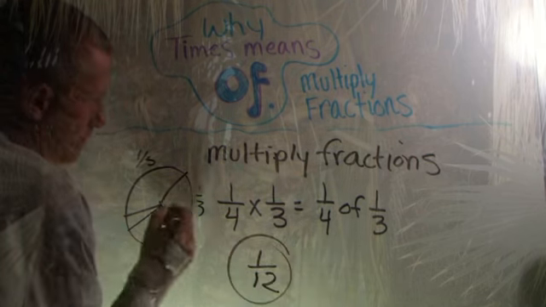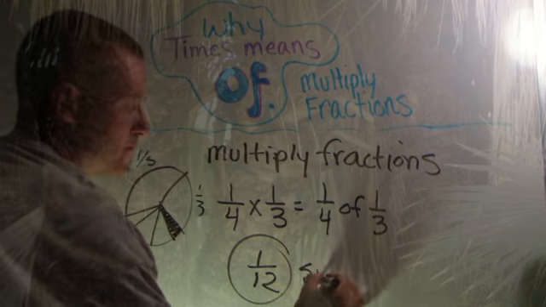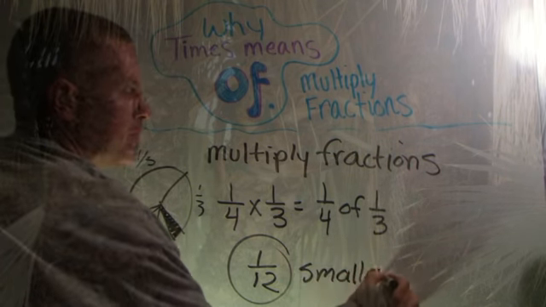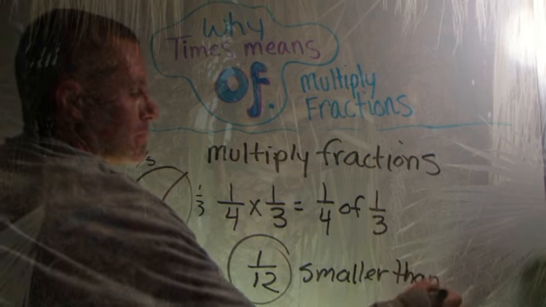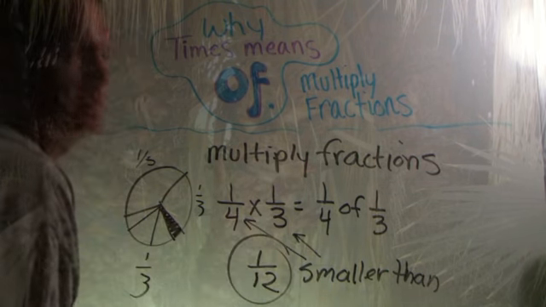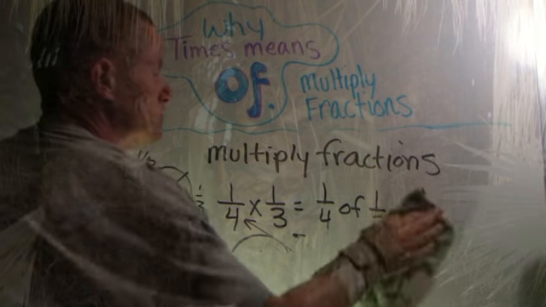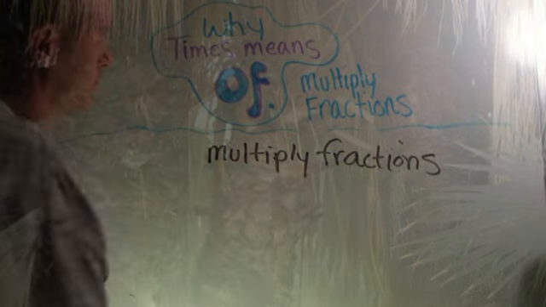That would be 12 pieces altogether. 1/4 of 1/3 is 1/12. A very small piece of that pie. I hope this helps.